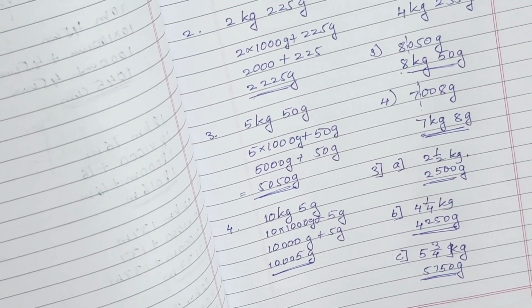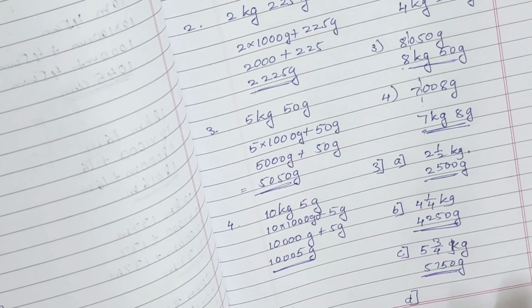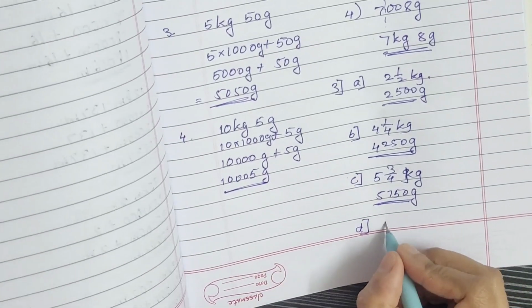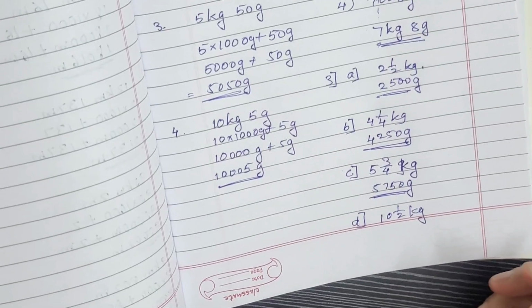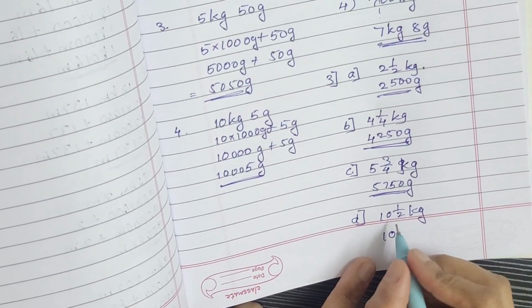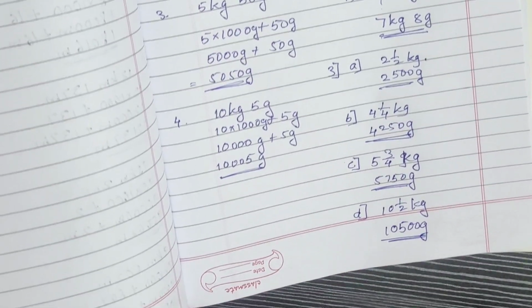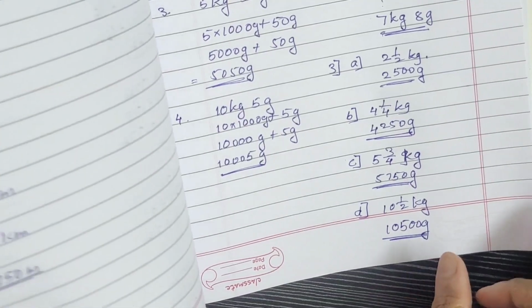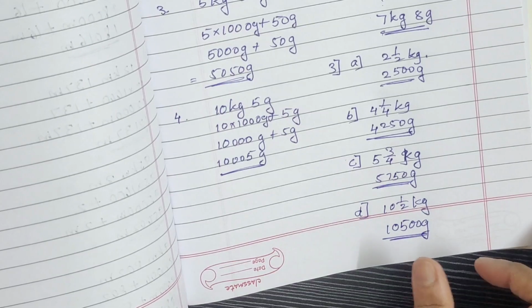Answer is 5750. Next, D. 10.5 kg. 10 half means 500 gram. So 10,500 gram. Understood? This is how to convert as a gram.